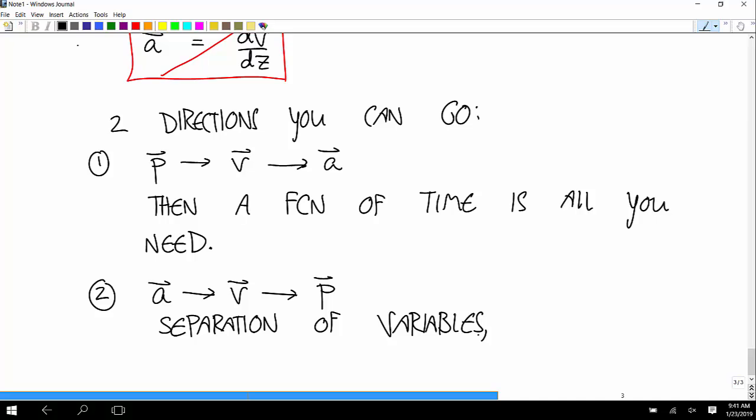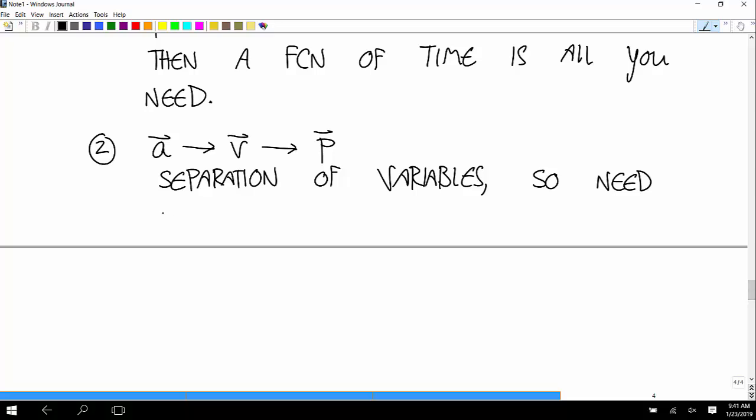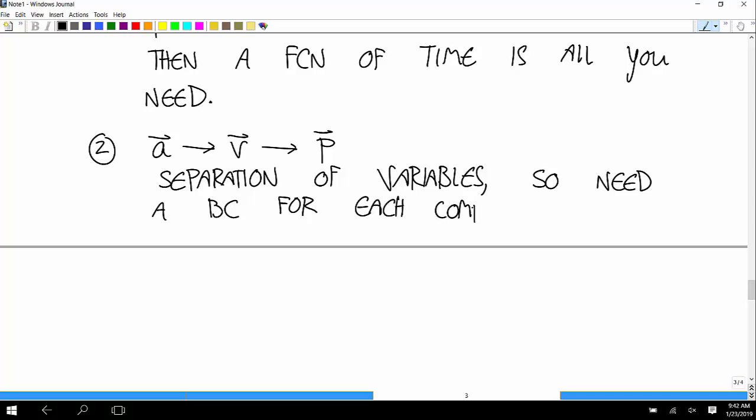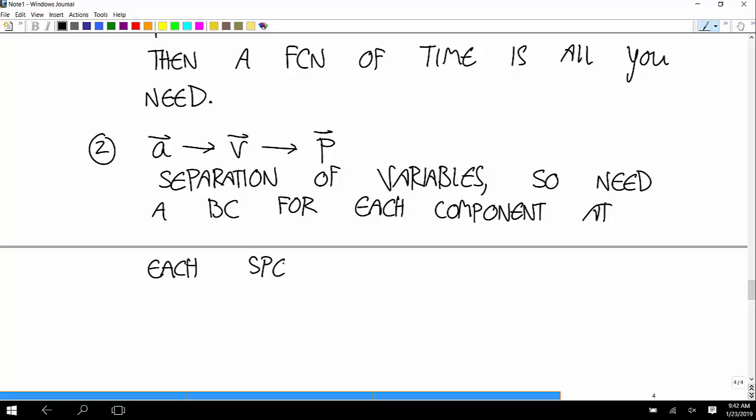And that means that you need a boundary condition for each step along that path. So what you need is a boundary condition for each component at each step along the path.